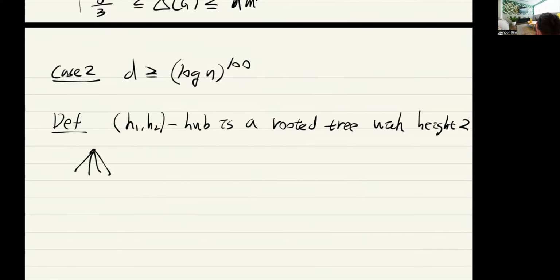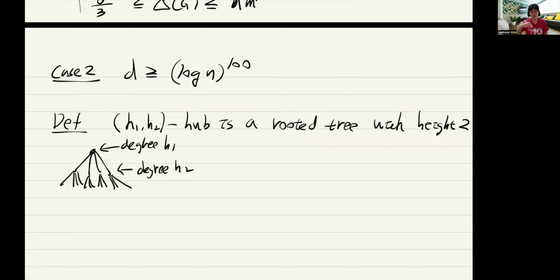This is how it looks. The root has degree H1, and then each child has H2 children. So that's an (H1, H2) hop.